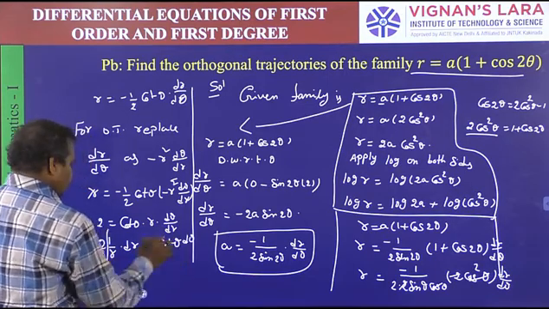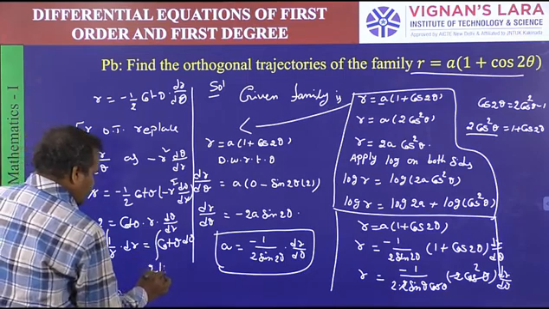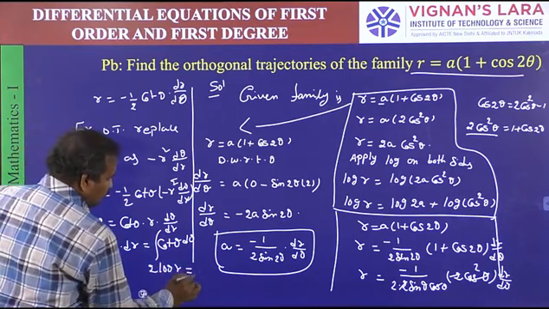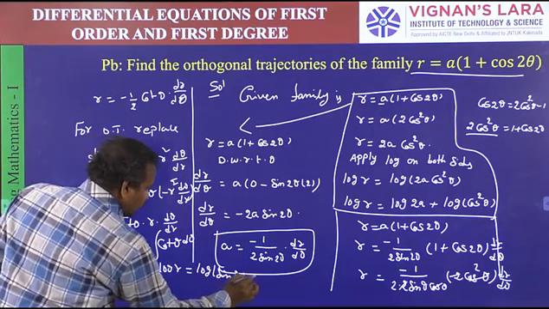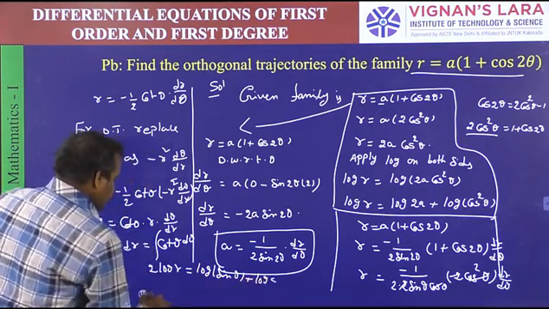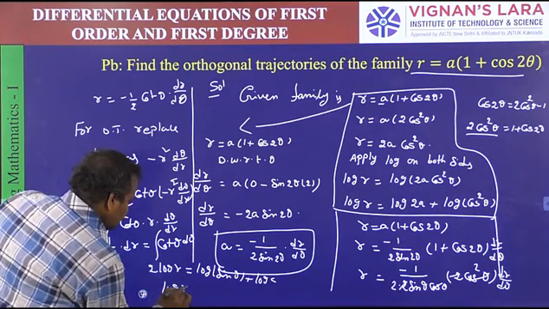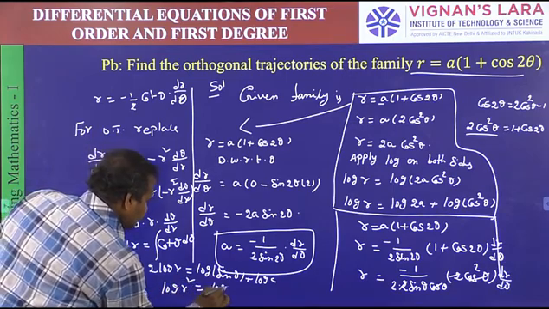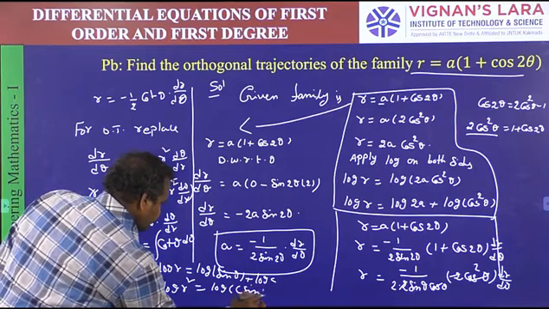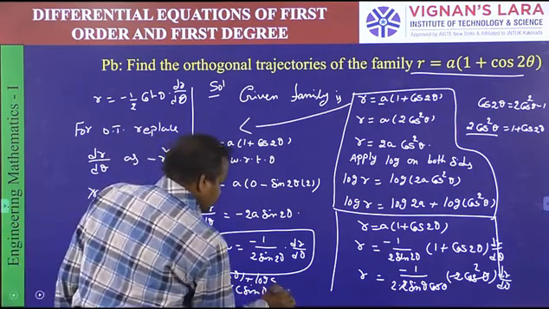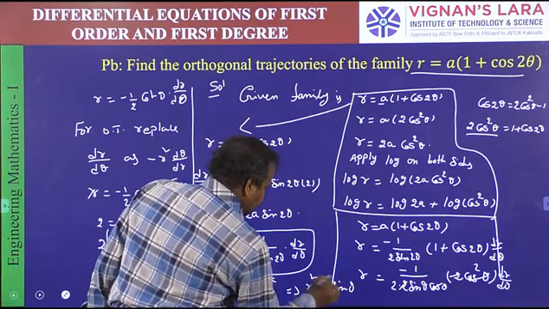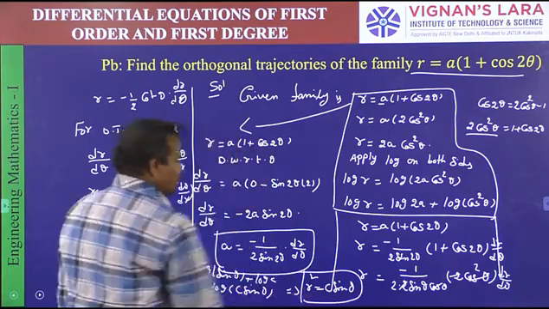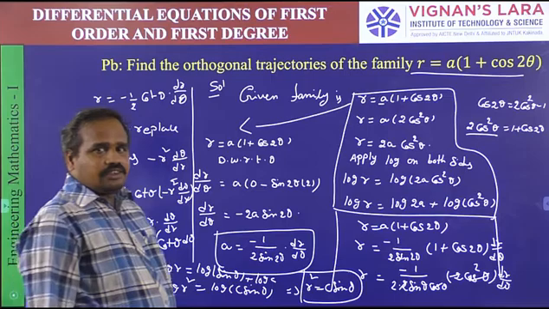Integrate on both sides: 2 into the integration of 1 by r dr gives log r, and the integration of cot theta gives log mod sin theta, plus the constant of integration log c. So log r square is equal to log c sin theta. That implies r square is equal to c sin theta, which is the required orthogonal trajectories of the given family.